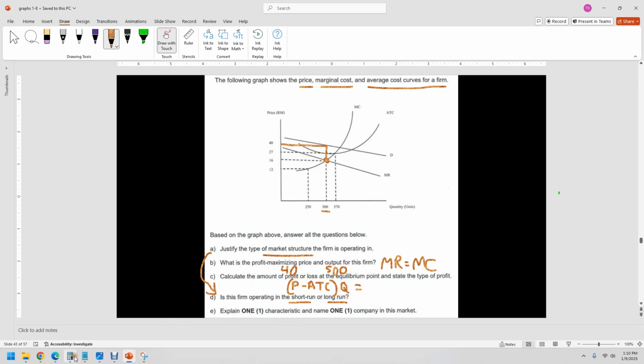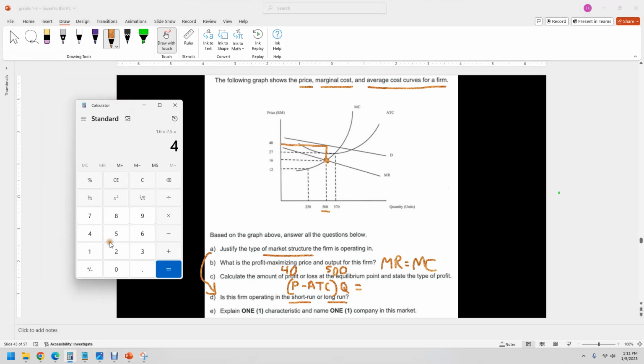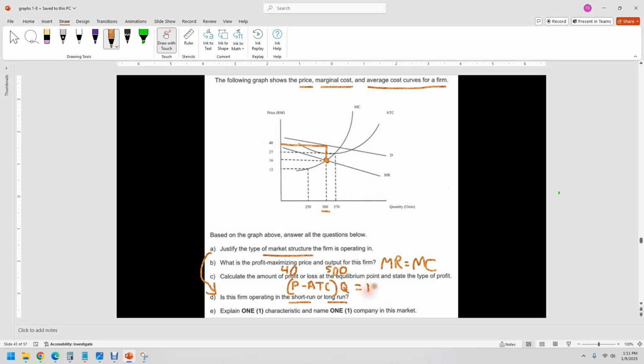So 40 minus 16, let me make sure I get that right. 40 minus 16, and I get 24. So 24 per unit times 500, and I get 12,000. So 12,000 rupees or dollars, British pounds, euros, whatever you got. That's the profit in the short run.